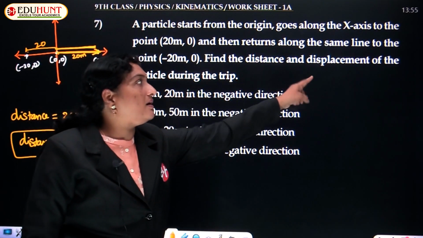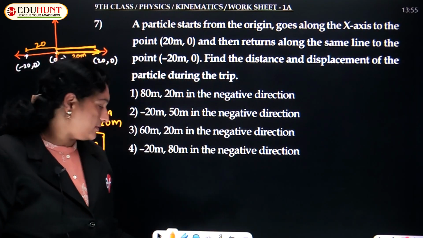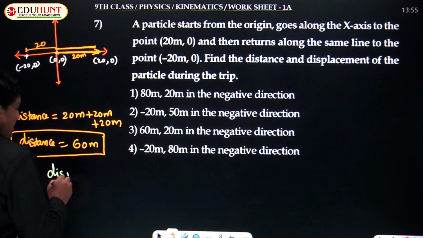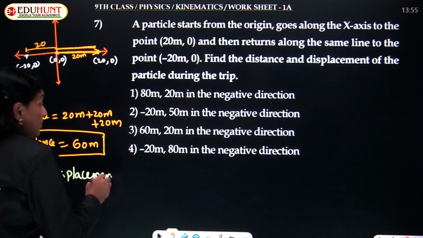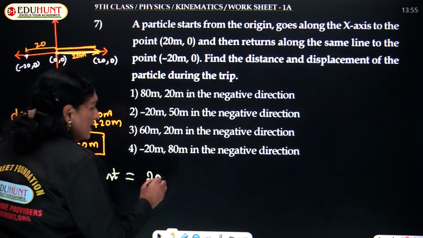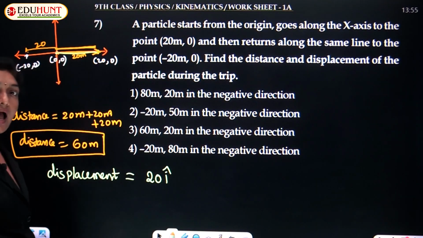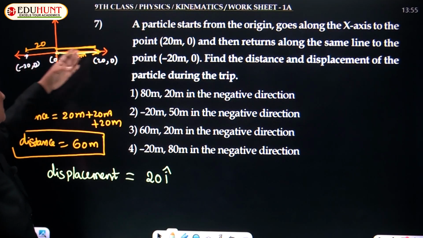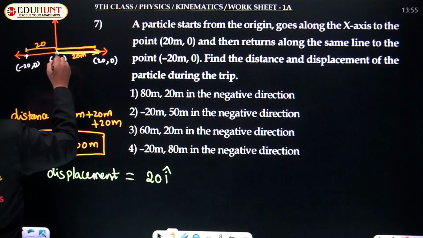You are also asked to find out the displacement of this particle during this trip. In order to find the displacement of the particle, here you have to consider both negative as well as positive values. Displacement depends on direction. Initially from here to here, along the positive x-axis. So, the positive x-axis is indicated as 20 i cap. Again, from here to here, we'll take directly, this is your initial position.